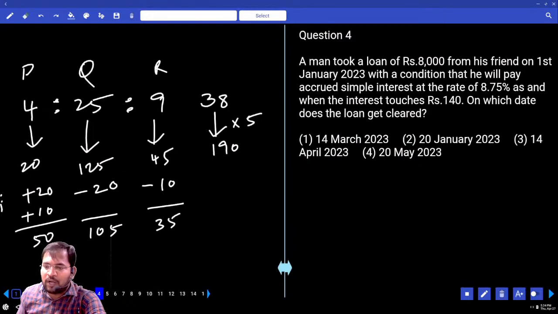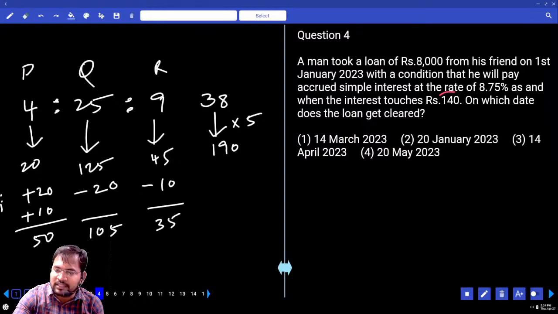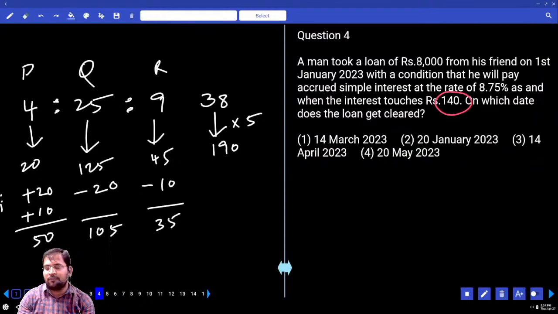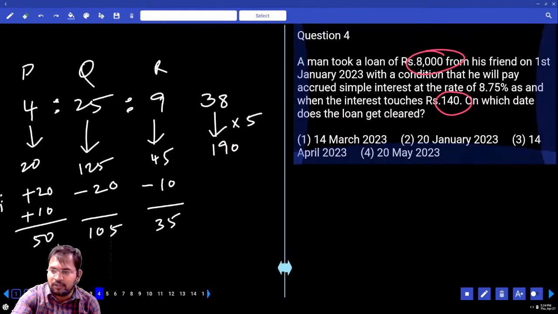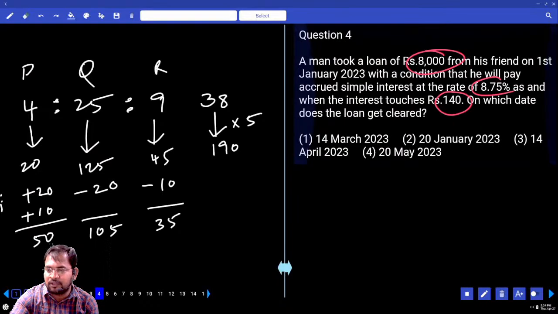A man took a loan of 8,000 from his friend on January 1st, 2023, with a condition that he will pay accrued simple interest at the rate of 8.75%. When the interest is 140 rupees, at which date does the loan get cleared? So the interest is how much? Principal is how much? Rate of interest is how much?